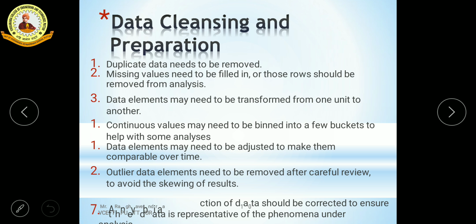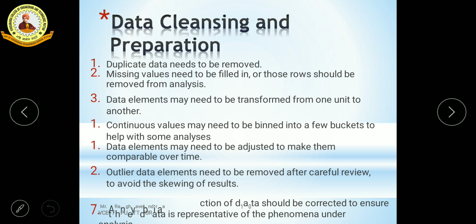And data from internal operations is likely to be of higher quality as it is accurate and consistent. But data from social media and other public sources is not under our control, right? So we need to do some operations on this data that we gathered and selected. So that is called data cleansing and preparation.